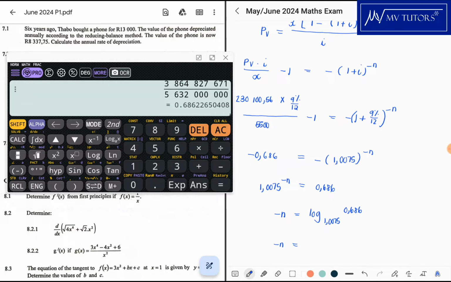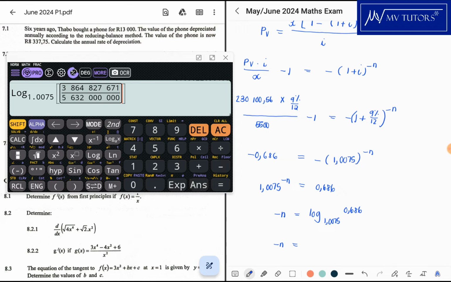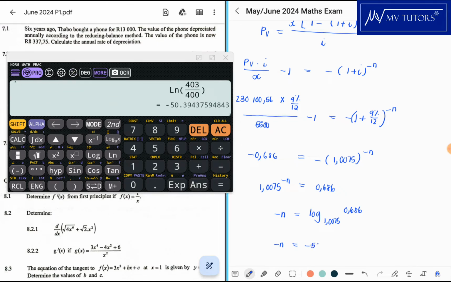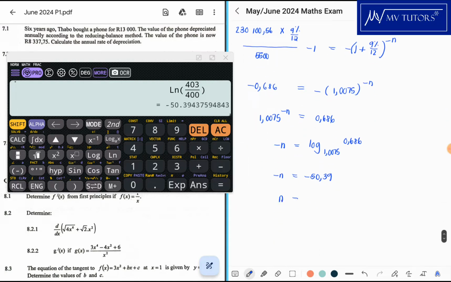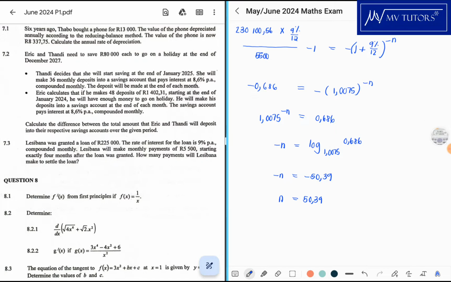Then I'm going to say log base 1,0075 of the answer. Okay, so I have negative 50,39. So basically n is equal to 50,39. Whenever we calculate n, we don't want to work with fractions. We're going to just round it up. So n is basically equal to 50 months.